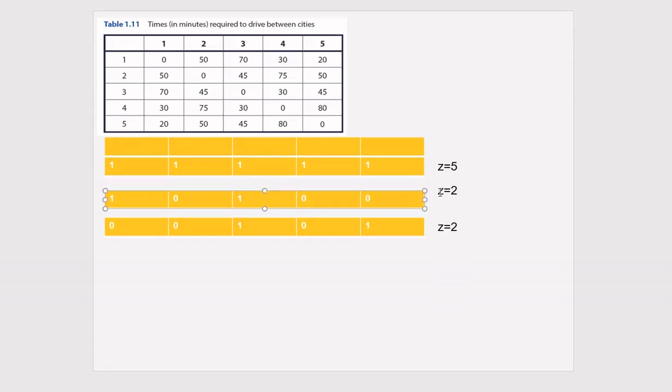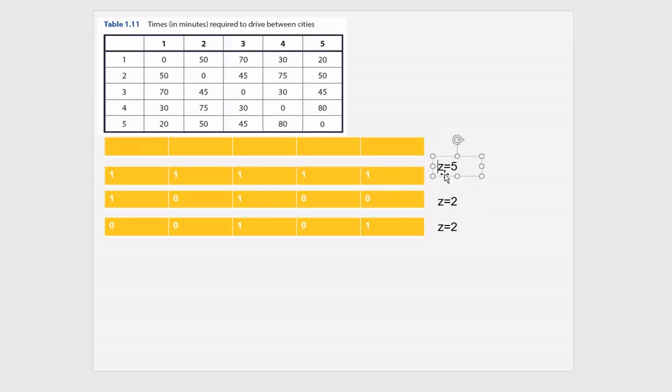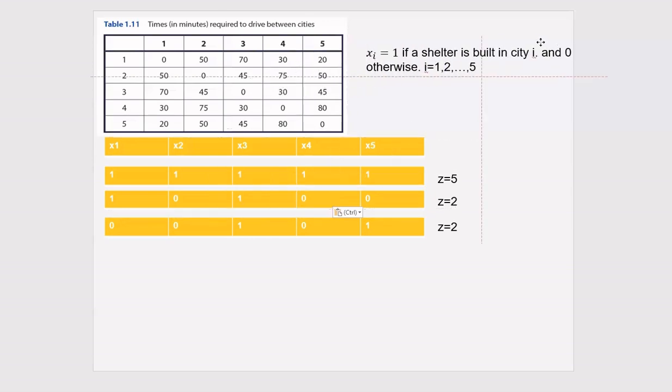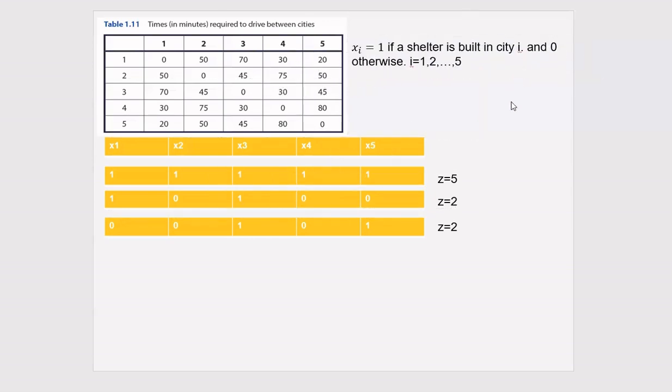So what do you think is the decision variable? x1, x2, x3, x4, x5, right? xi equals 1 if I build a shelter in city i, and 0 otherwise.